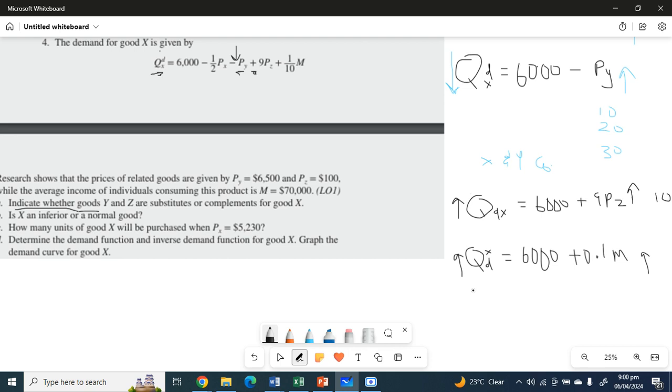So we can infer that good X is a normal good, because as the income increases, the quantity demanded also increases.